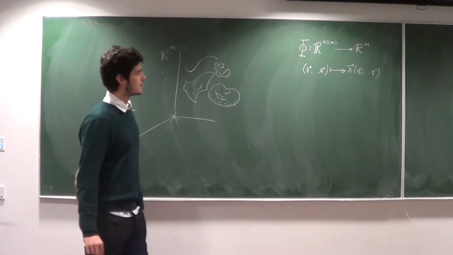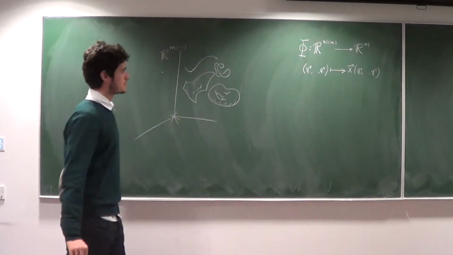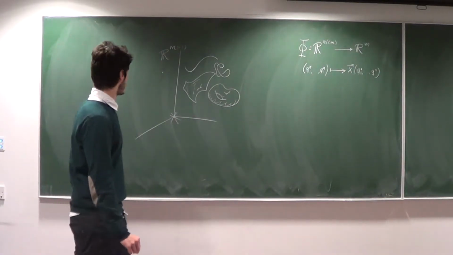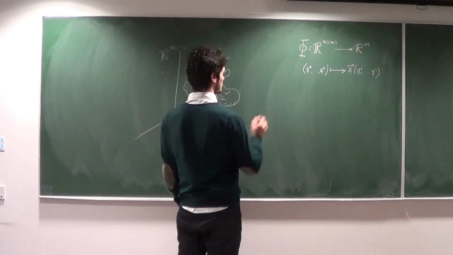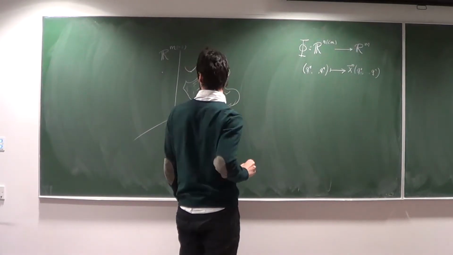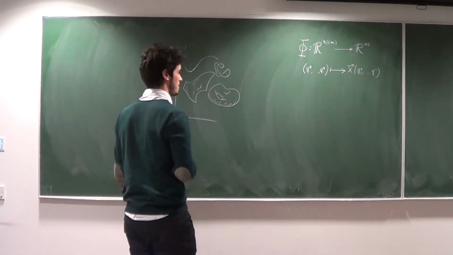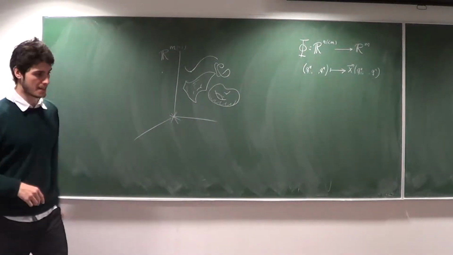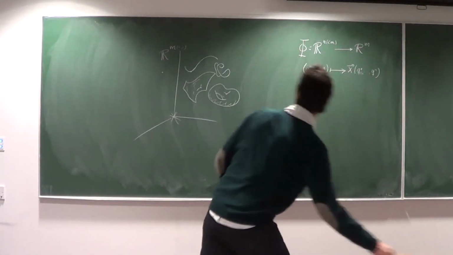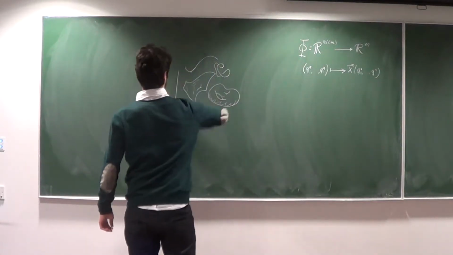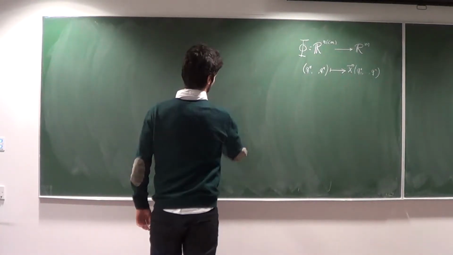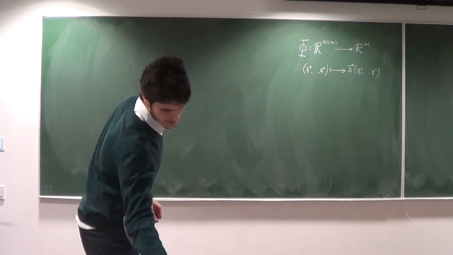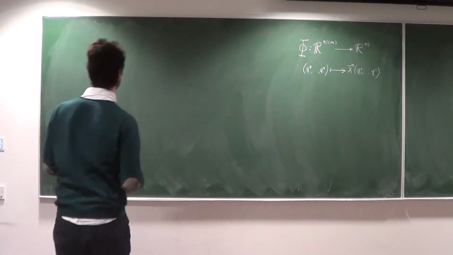Okay, so how does this look like? What does this map actually mean? So imagine that we want to picture the map. So let me make a very particular picture of this. For a particular dimension.